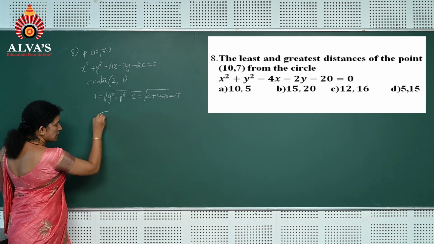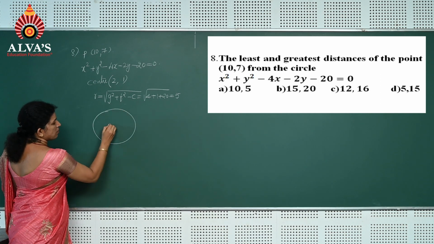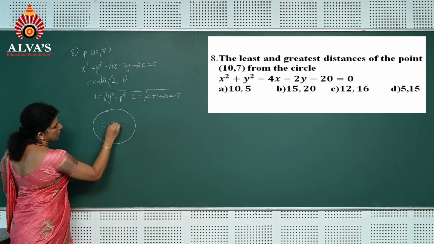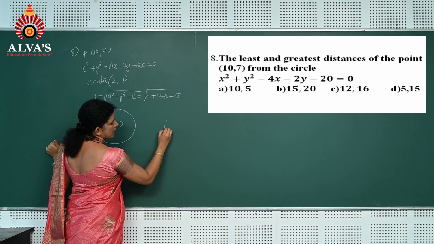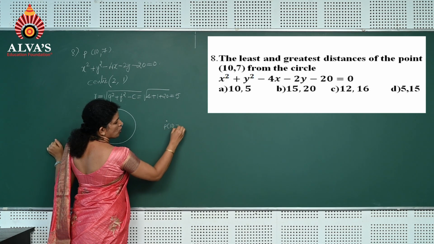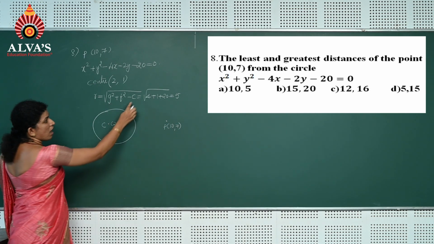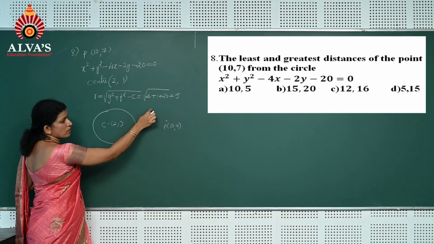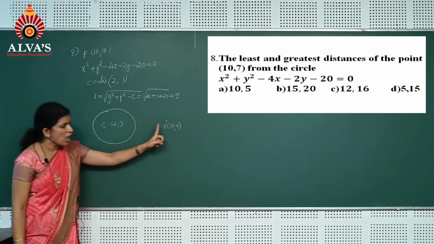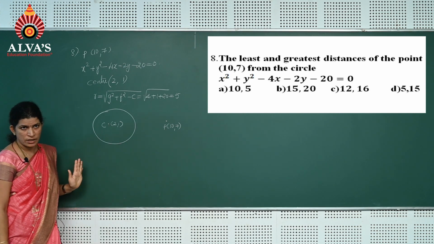I am taking C as the center, it is (2, 1). The point I take as P, P is (10, 7), and R is the radius, that is 5.